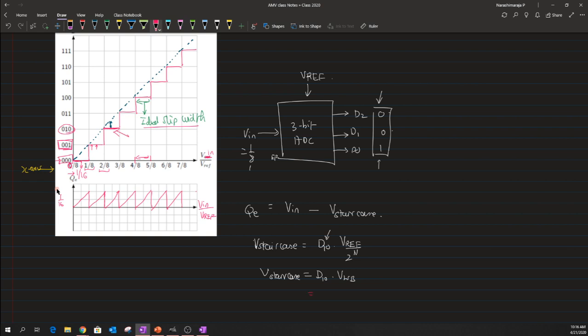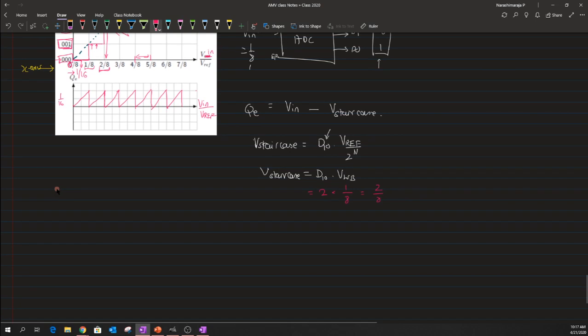So what you would get is 2 into the VLSB, and the VLSB for this 3-bit ADC is basically 1 by 8, and due to which we end up having 2 by 8. As you could see, this is the corresponding value of 2 by 8 that we have over here. Hope that I'm not confusing you much.